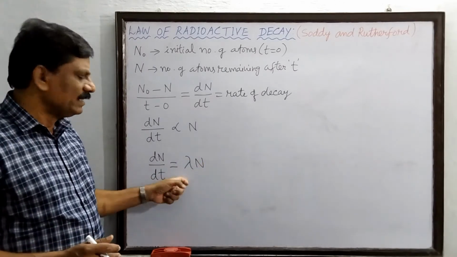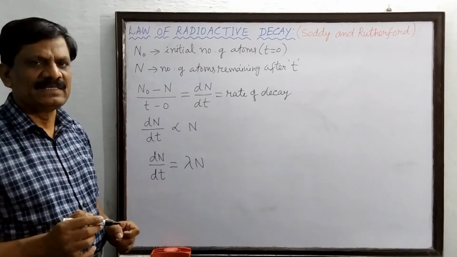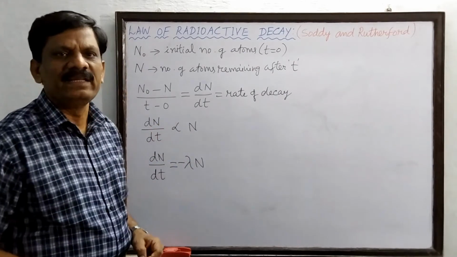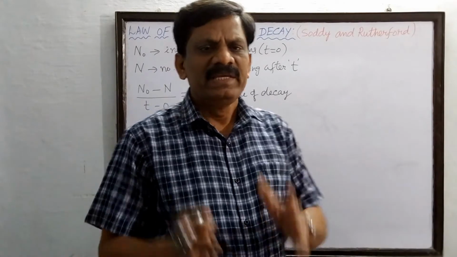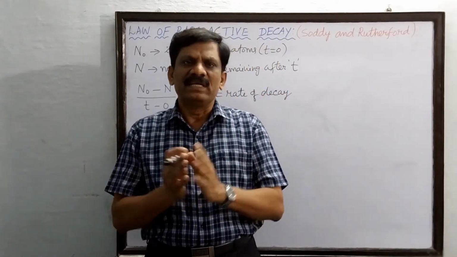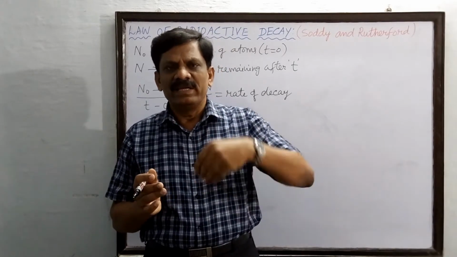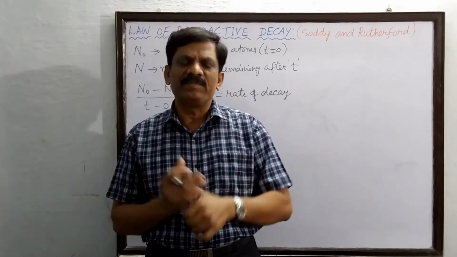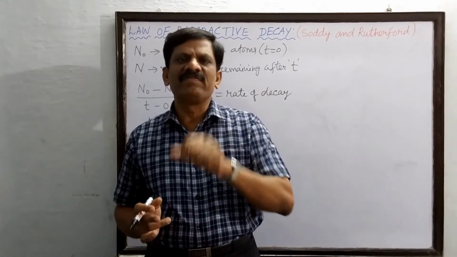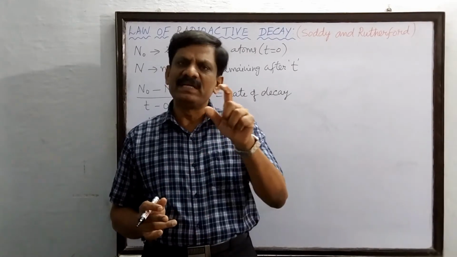But here I am going to introduce a negative sign on the right hand side. Why I am introducing a negative sign is because initially if you take a fresh sample of uranium, the number of atoms emitted per second will be more. But after some time, very few atoms will be emitted per unit time.